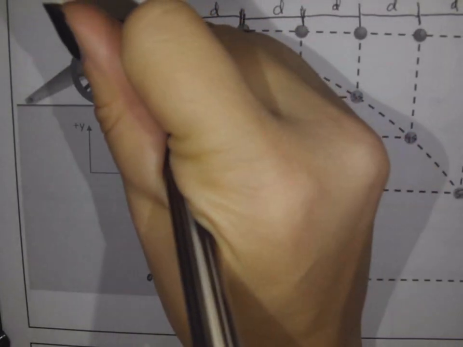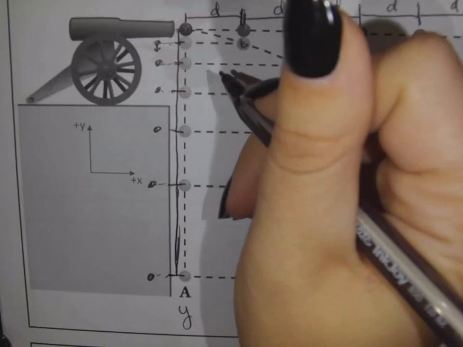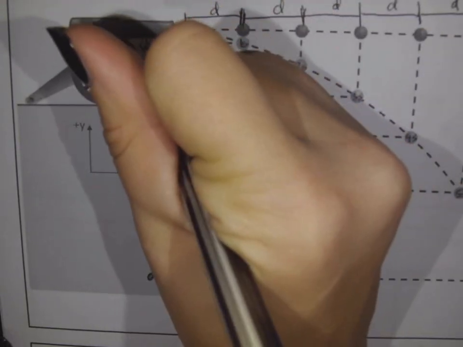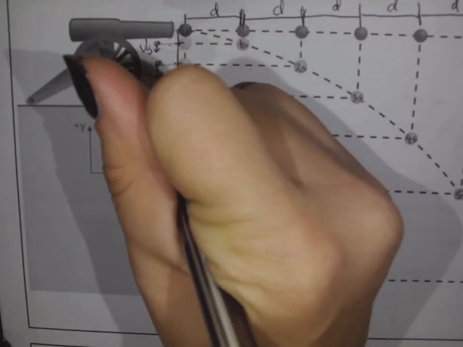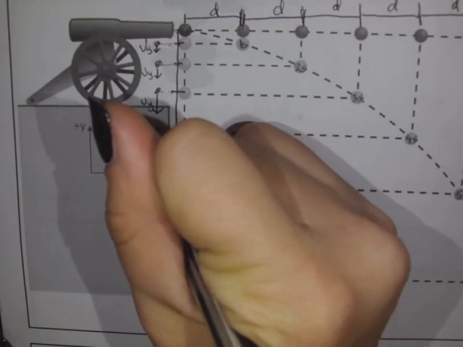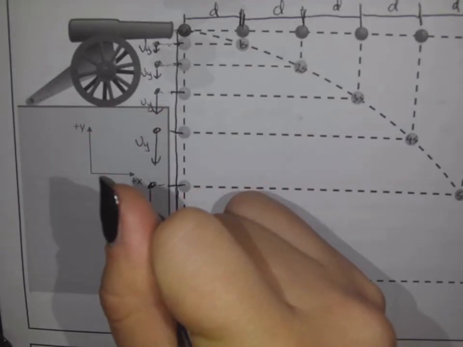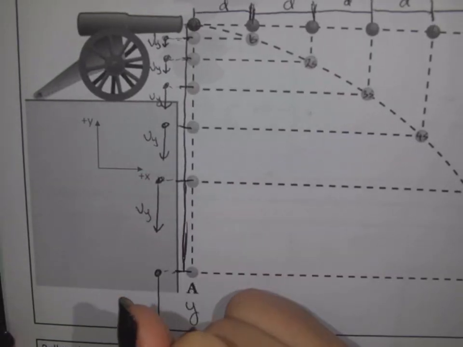So at first, our velocity is really small. There's our velocity vector in the y direction, v sub y. And then it gets a little bit bigger, v sub y. And it gets a little bit bigger. And then a bit bigger. And even bigger. And even bigger.